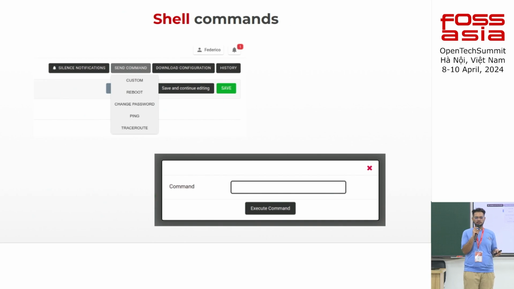Maybe you want to check whether the router has access to the internet or some specific web address; you can use ping or traceroute to diagnose the network, which becomes pretty handy when you are managing different devices. Then you also have the option to execute custom commands. So anything that you could execute on the terminal using SSH, you can execute here.